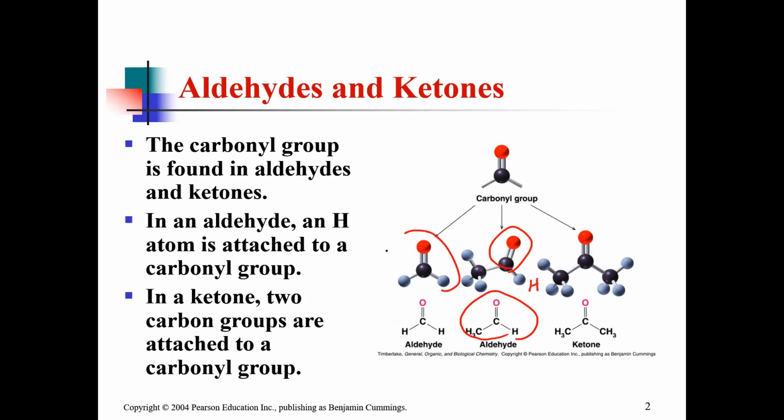And this is also an aldehyde again because the carbonyl group is connected to one hydrogen. So the difference between ketones and aldehyde is the fact that in ketones, you have got two carbons connected to carbonyl group. In aldehydes, one of the carbons is replaced with hydrogen.